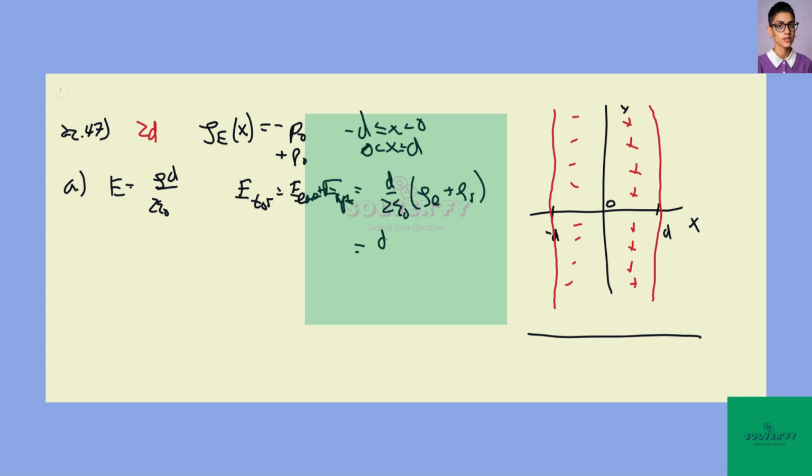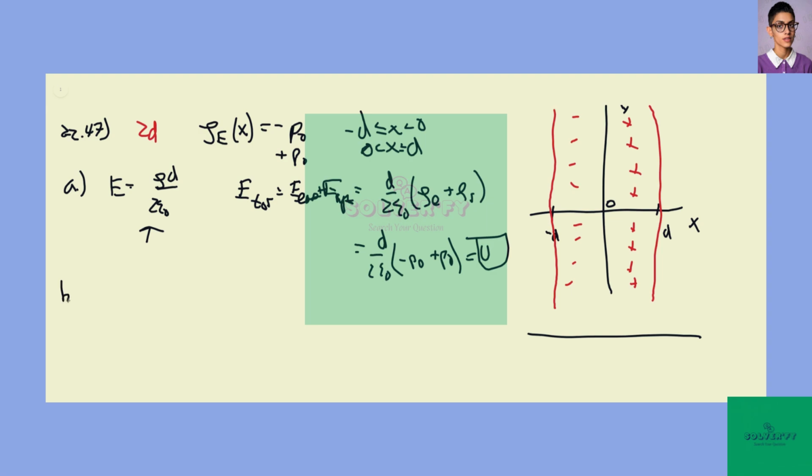Our rho from the left slab is negative rho naught, plus rho naught from the right, and that's just 0. So outside of the slab, no matter where we are, there's going to be no field, because the electric field from an infinite slab does not depend on the distance away from the slab. It does depend on d, the thickness, but not on the distance away from the slab.